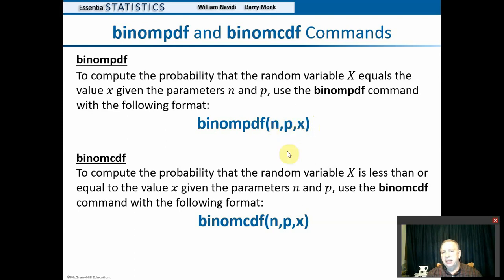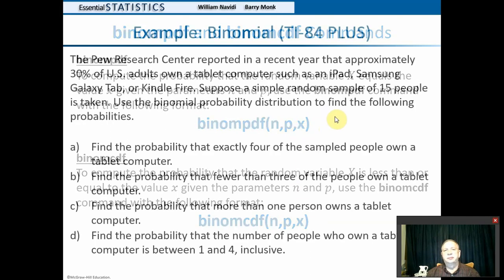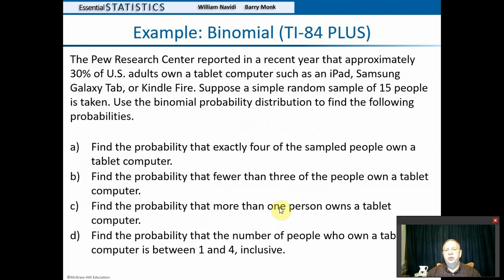So exactly x. And the CDF, when I do the x, would add up the 0, the 1, the 2, all the way up to the x. So we're going to do the very same thing and enter them as we would on a TI-84.